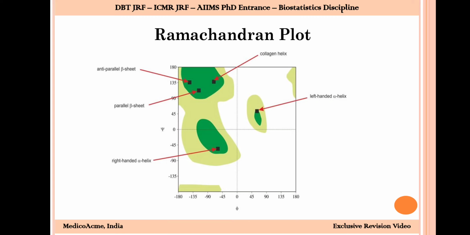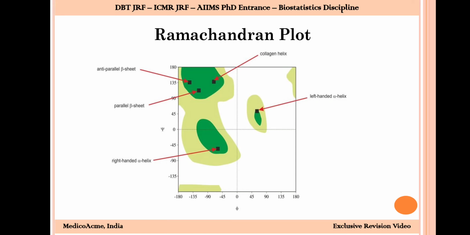You can see the right-handed alpha helix at the lower quadrant, then in the upper quadrant parallel and anti-parallel beta sheets, and the left-handed alpha helix in the right upper quadrant. So please remember these three things: right-handed alpha helix, left-handed alpha helix, and beta sheet. These are very important.